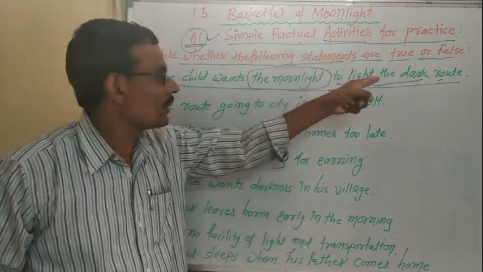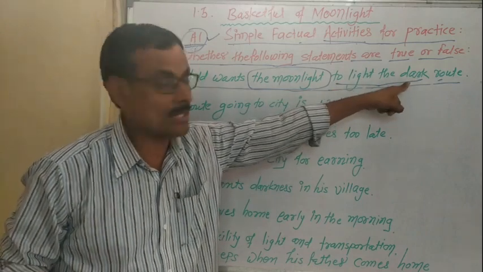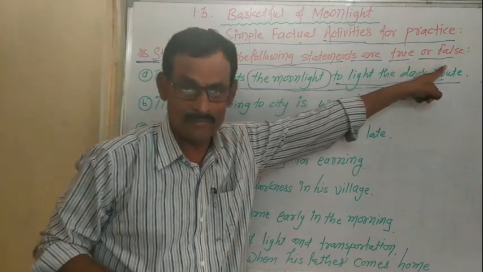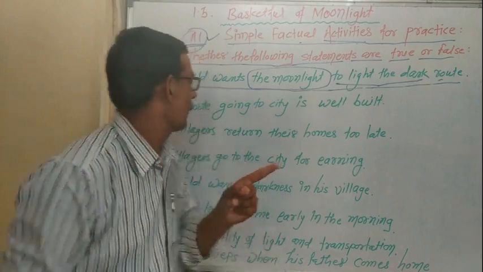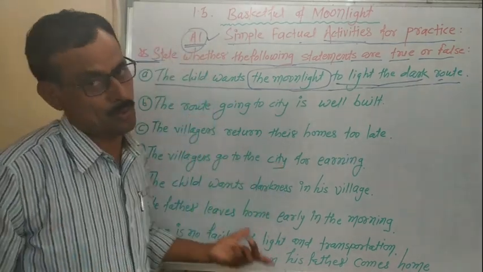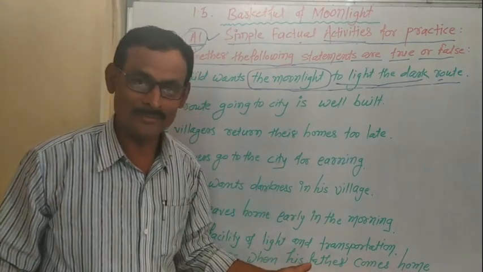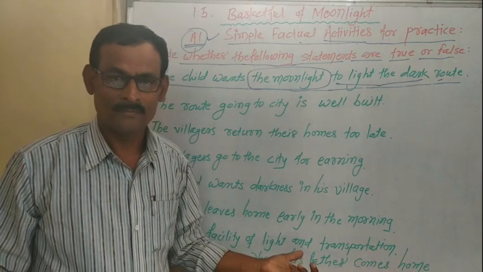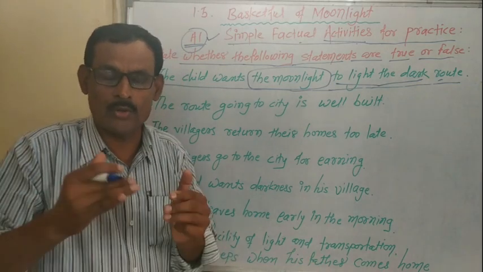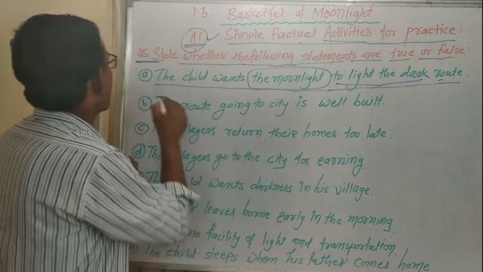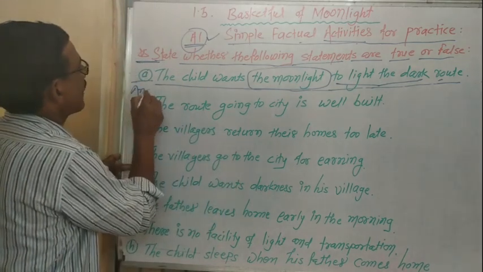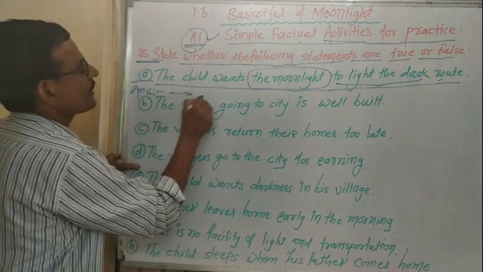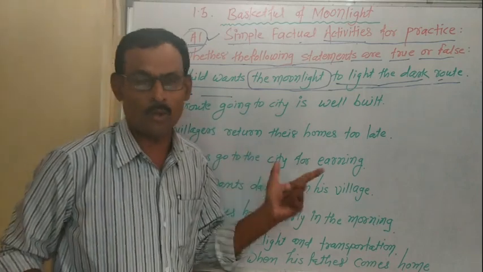What you have to do? You have to write whether the statement is true or false. If it is true, okay. If it is false, I don't know. In your activity sheet, you have to write the sentence first, then write your answer here, that is true or false, whatever it may be.